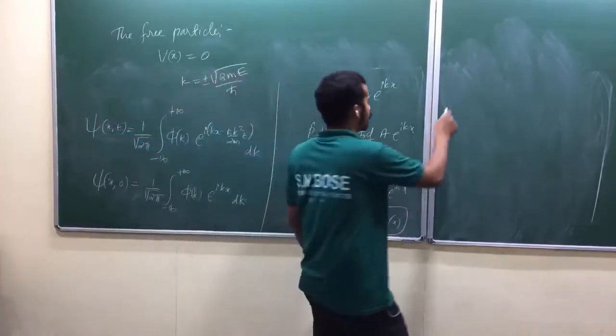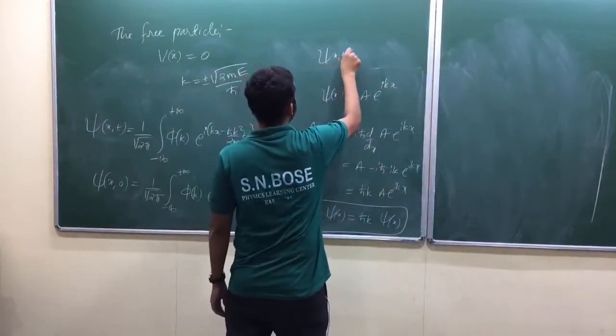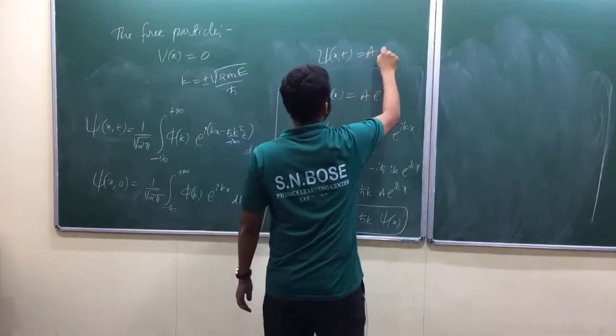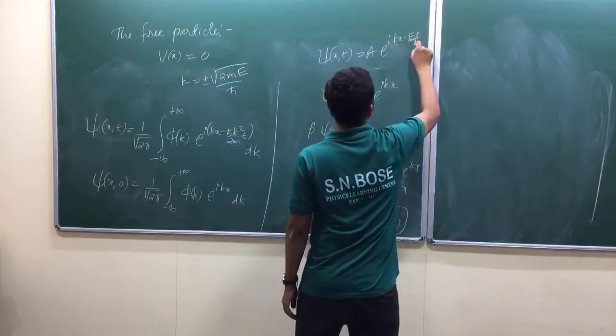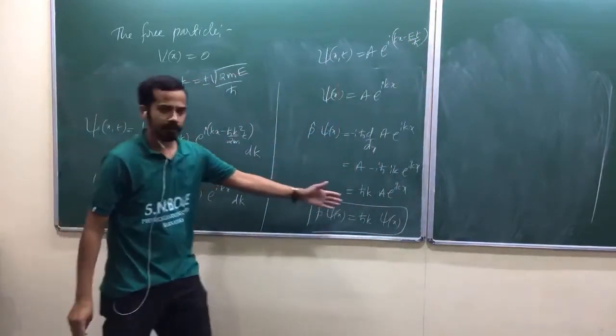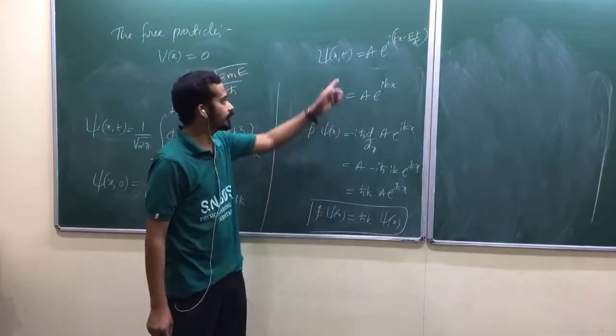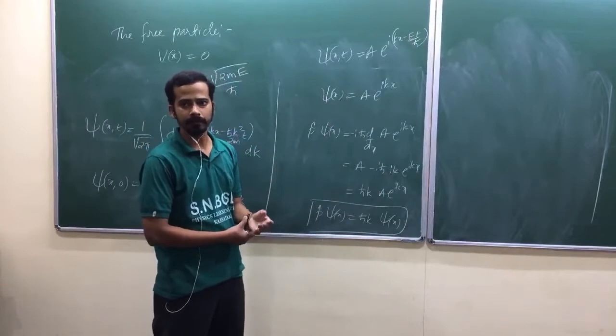Now, or you could have taken psi of x comma t, okay, there is no loss, A e power i kx minus, I could have written like this also. Then also you can operate and you will get the same thing, okay. You can take this wave function also. I have taken this one for simplicity.